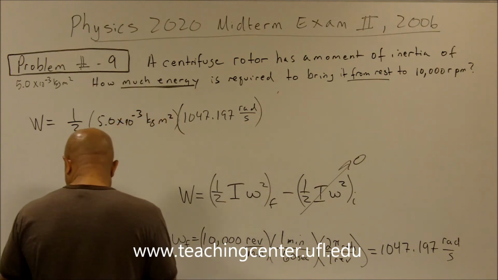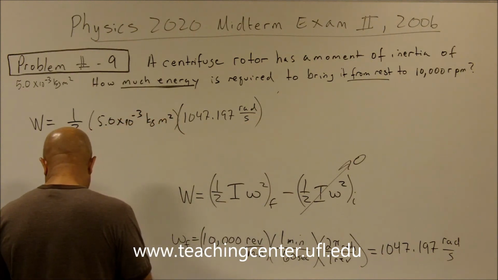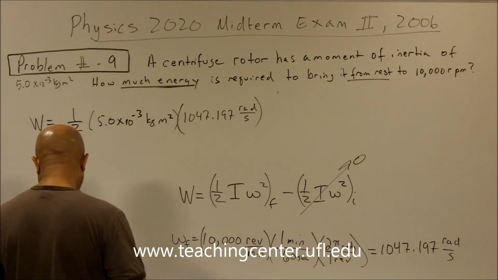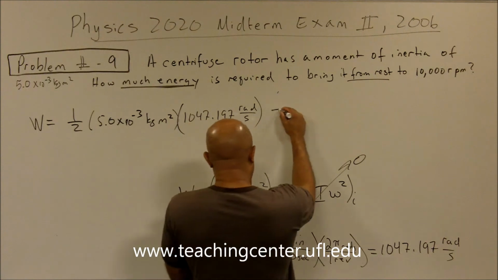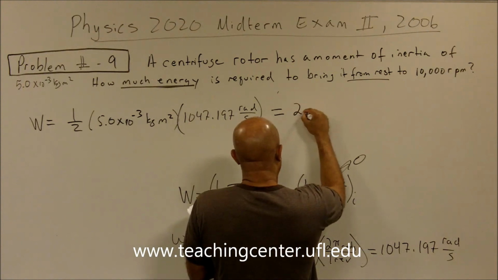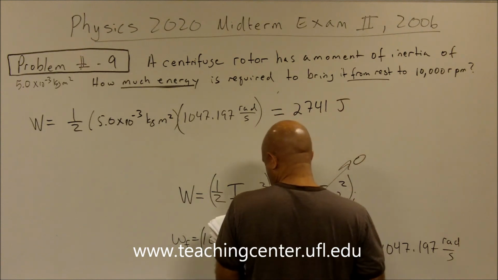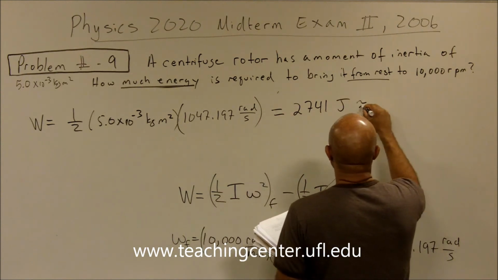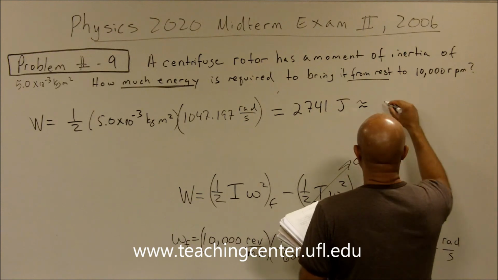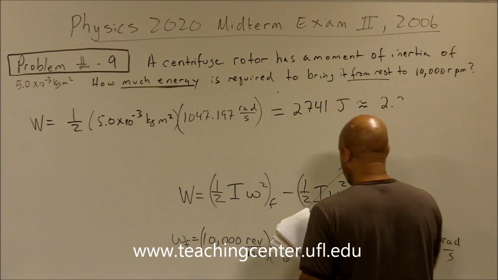All right, and so when you actually work this out, this works out to be 2,741 joules, which is approximately 2.7 kilojoules.